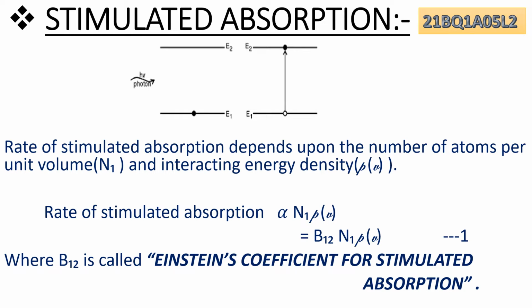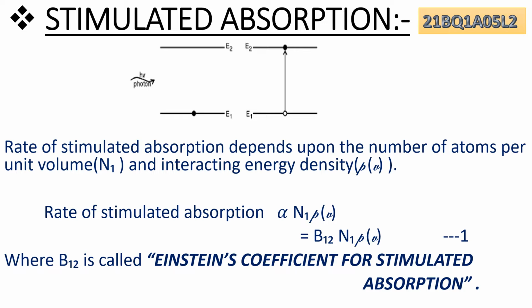This phenomenon is known as stimulated absorption, or the transition of the particle from lower energy level to higher energy level with the help of external source is known as stimulated absorption.